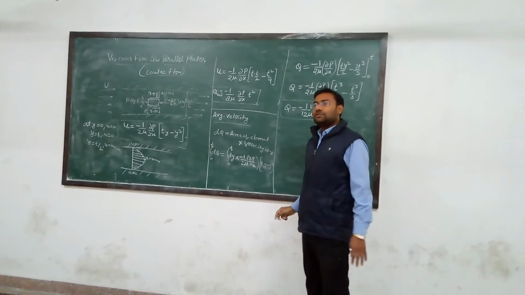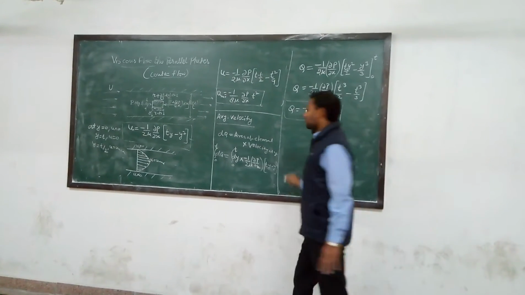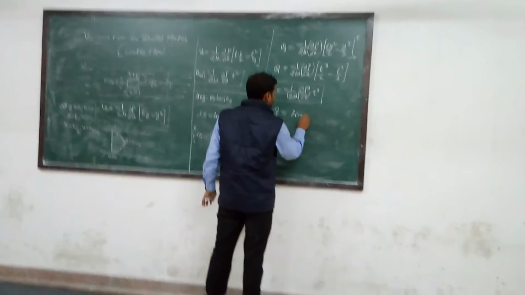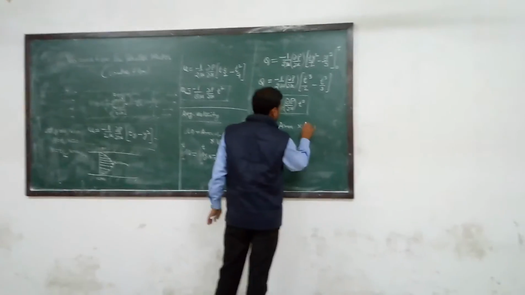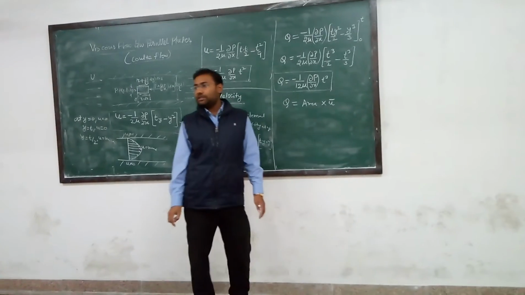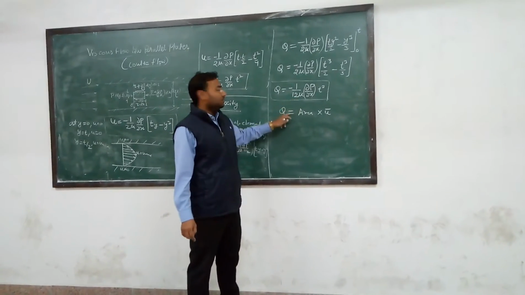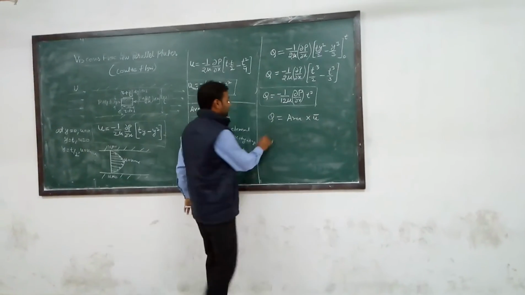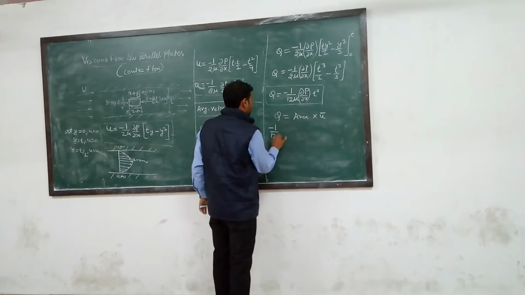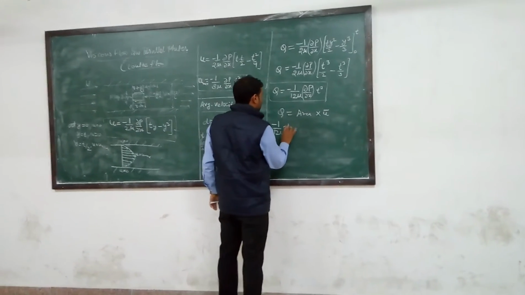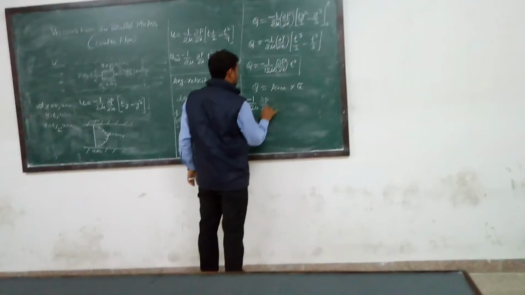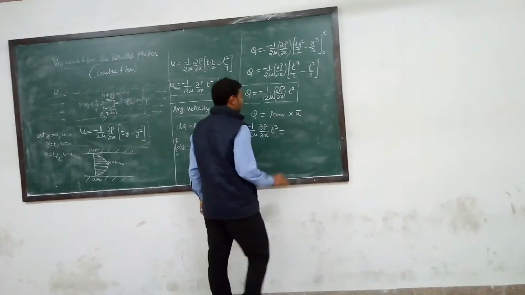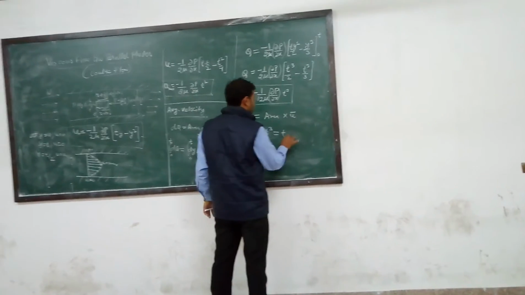Now what will be the discharge on the average velocity basis? On the average velocity basis, discharge will be Q equal to area multiplied by U bar, that is average velocity. So -1/(12μ) ∂p/∂x into t³, and the area is t into 1.